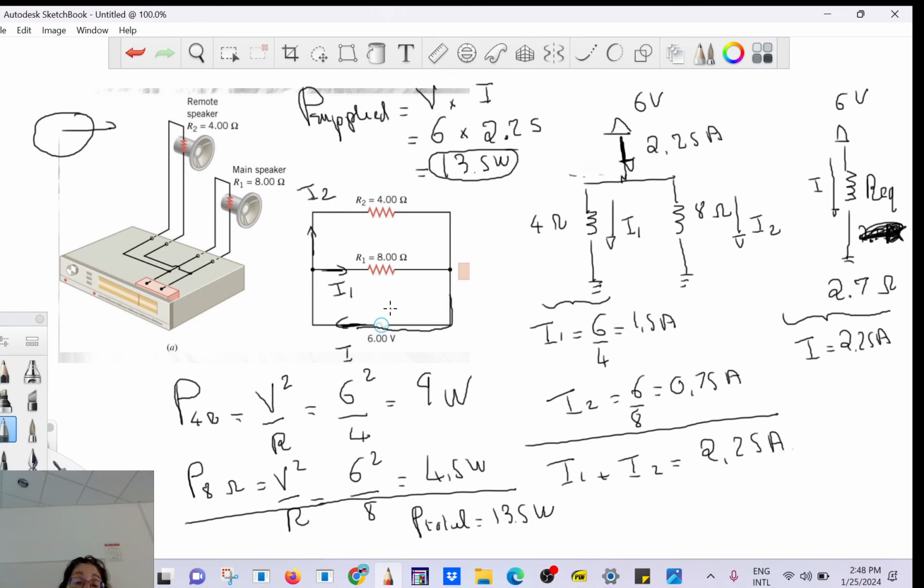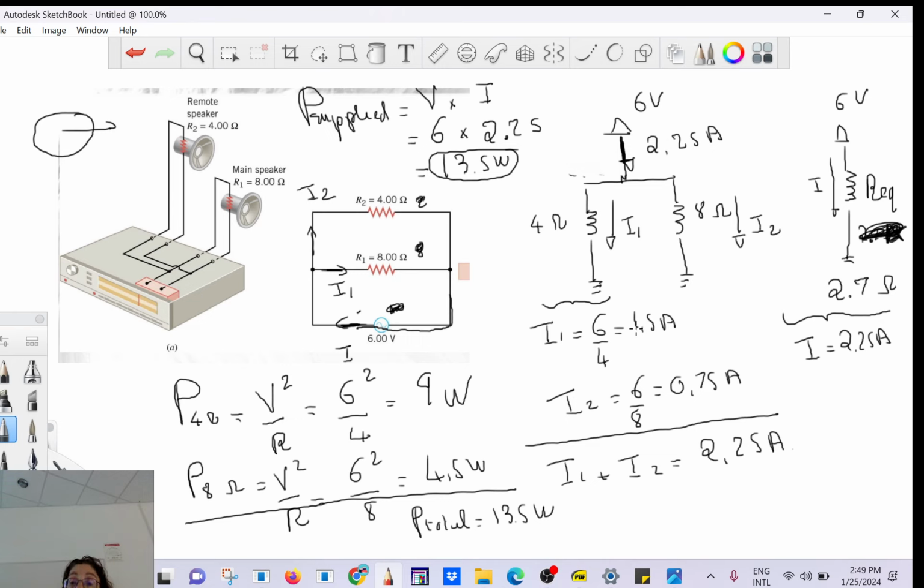One will get 2 cookies, the other one will get 8, but 2 plus 8 has to be 10. It's because the energy provided has to be equal to the energy consumed. Is that clear? So which one will have the most current, the 4 ohms or the 8 ohms?